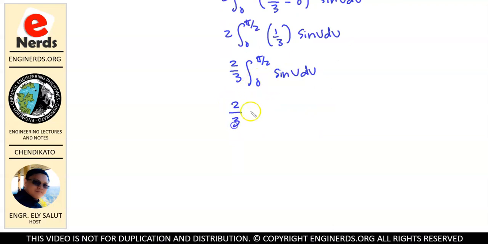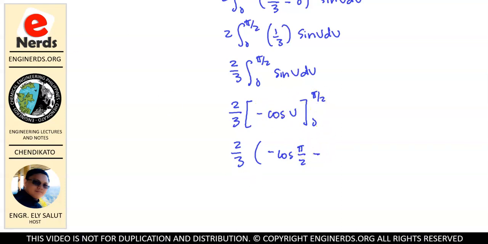So I will have 2/3. The integral of sine u du is negative cosine u, and from 0 to pi over 2. Okay? So, 2 over 3 times negative cosine of pi over 2. Then, minus of negative cosine.